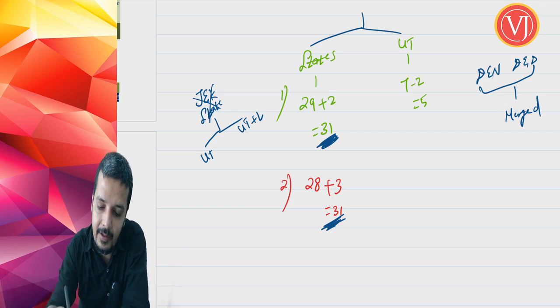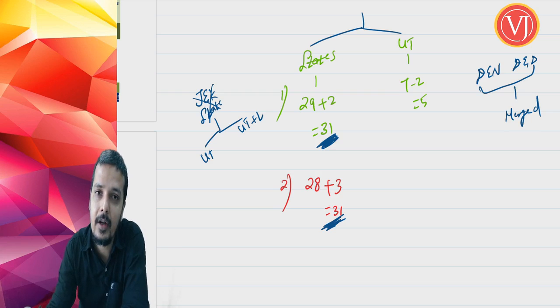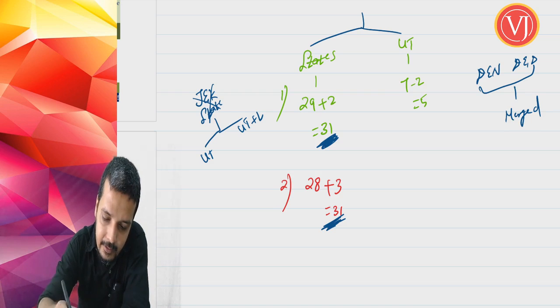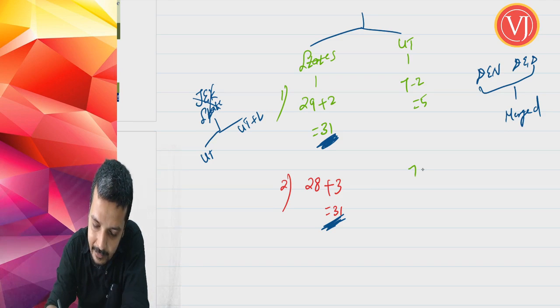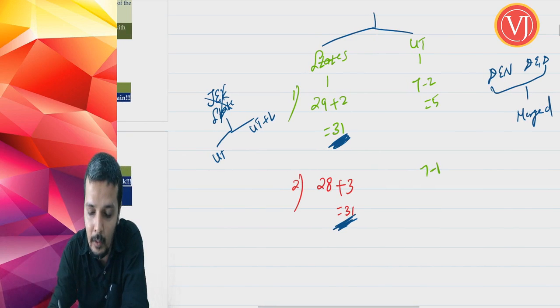In addition, instead of 7, how many union territories will you have totally? It will be 7 minus 1. Why? Dadar and Nagar Haveli and Daman and Diu are now 1.